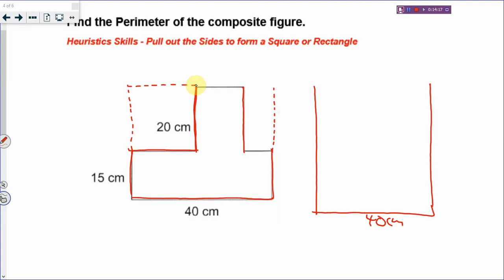So I pull up to the top, it will go up. And then this line, I pull to the top, it will also go up. And this line, nothing happens, right? So you have formed another side, which is the side of the rectangle. If you look at what you have constructed, you have actually created a rectangle. So this is 40, all right? This is 40 cm.